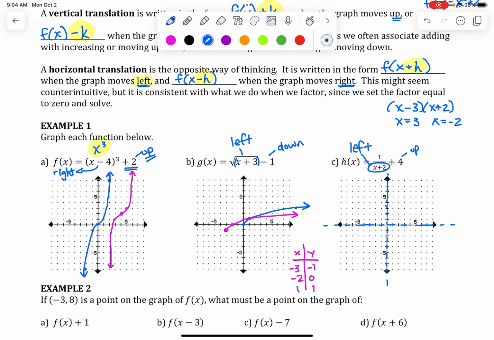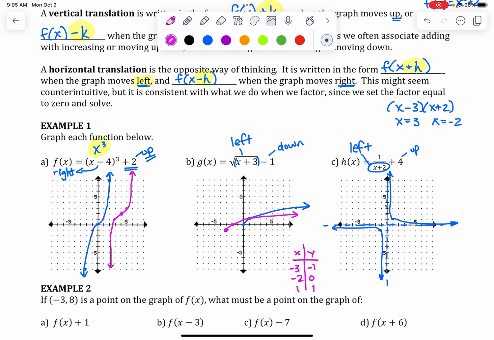So if your parent function in blue is sort of a graph that looks vaguely like this, it's kind of hard to draw with the points the way they are, but you get the general idea. Everything, including the asymptotes, is going to move.